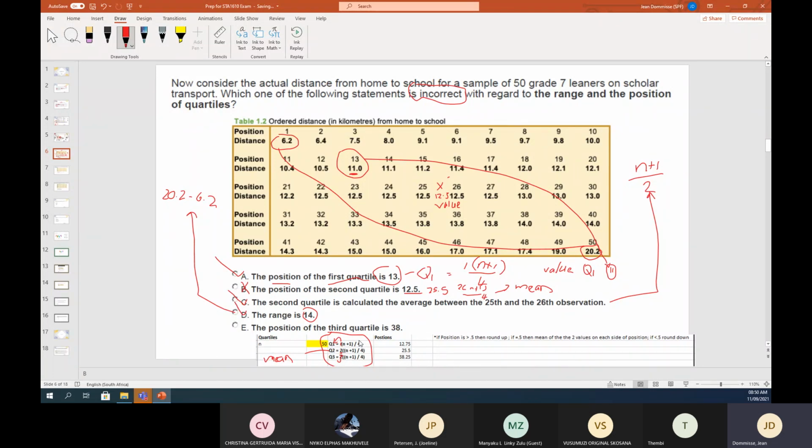The position of the third quartile: when we look at that formula, you divide by 4 just to make it a bit clearer again, and that is your position. If I ask for the value again, the value for Q3 would have been 14.